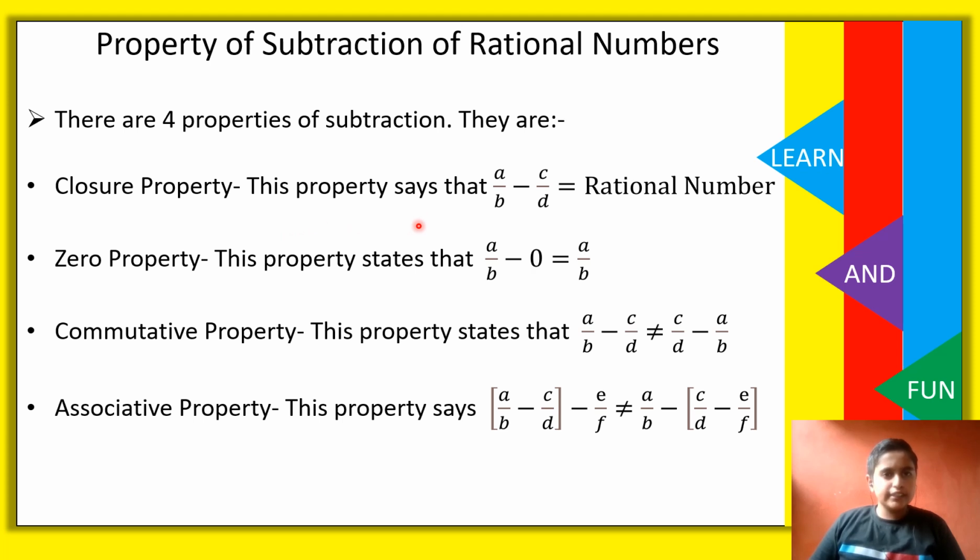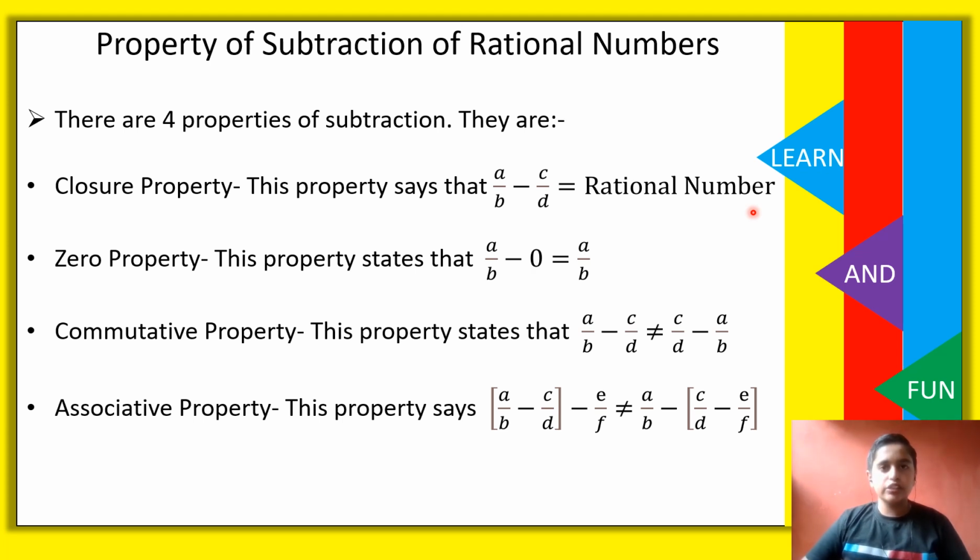This property says that a upon b minus c upon d is equal to a rational number. Almost the same concept was given to you in the property of addition of rational numbers in part 2.